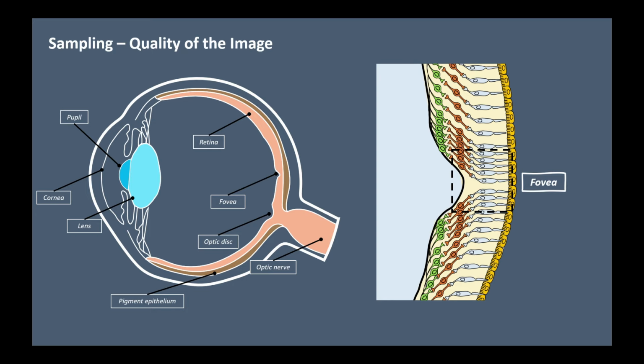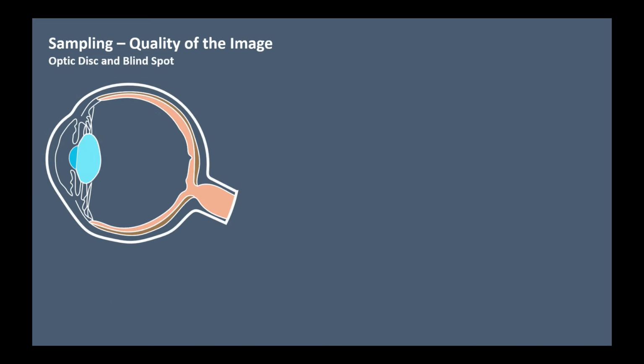Because the density of photoreceptors, bipolar cells, and ganglion cells is highest at the fovea, the light must generally cross several layers of cells before reaching the photoreceptors. But in the center of the fovea, called the foveola, the outer cellular layers are pushed aside to reduce additional blur from light scattering.